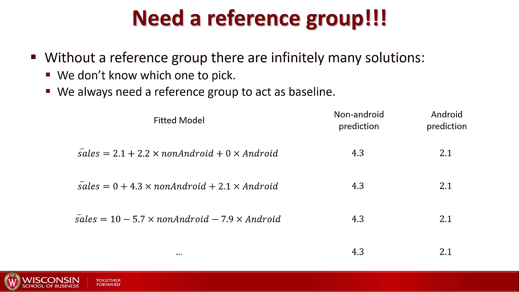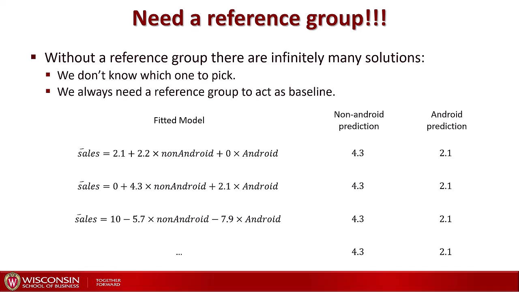In the second line, we have 0 as an intercept, 4.3 as a coefficient for non-Android, and 2.1 as a coefficient for Android. In that case, for the non-Android group, we get 4.3 times 1 plus 2.1 times 0, because the phone is not a member of the Android group, which is 4.3.